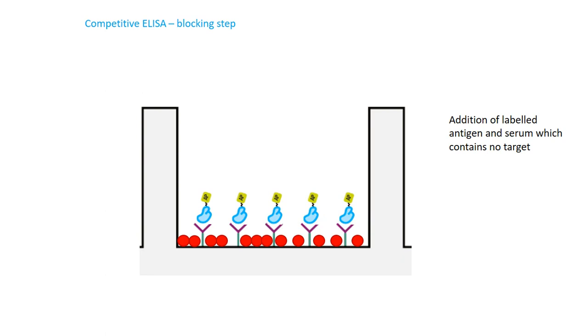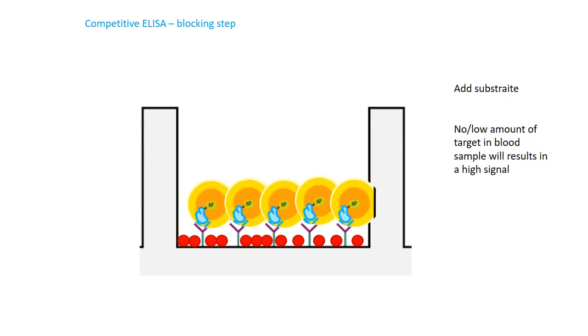So addition of labeled antigen and serum, which contains no target, means that all the labeled antigen will bind to the antibody, and when you add the substrate, you're going to get a high signal. So in summary, no or low amount of target present in the blood sample will result in a high signal.